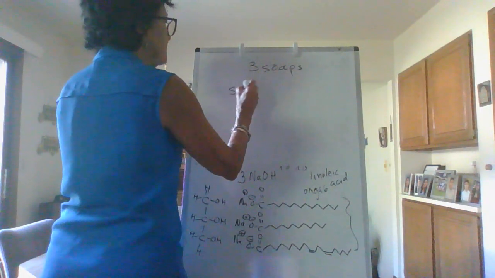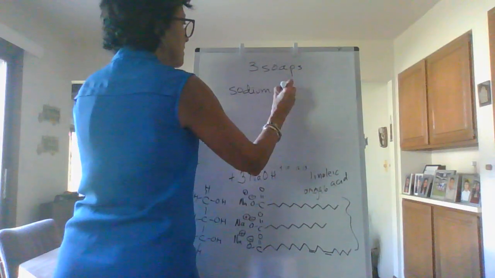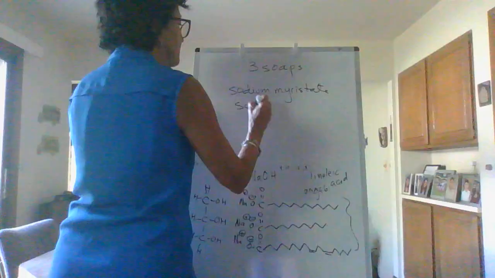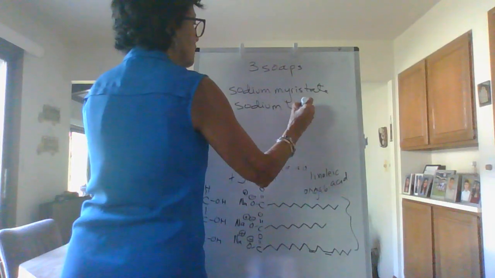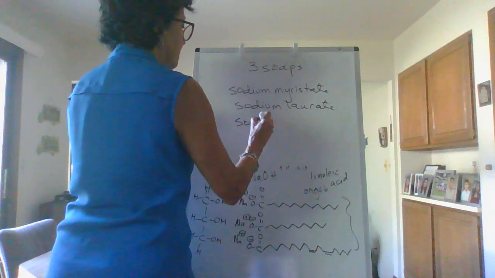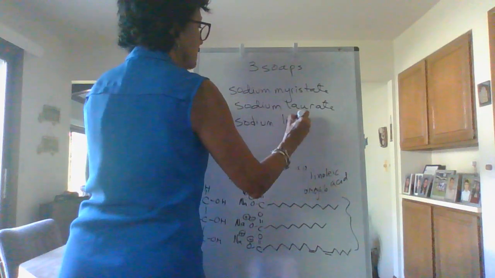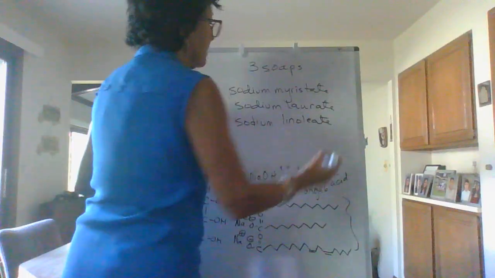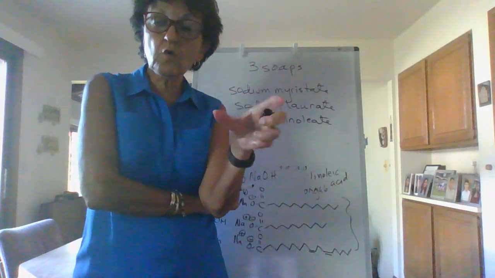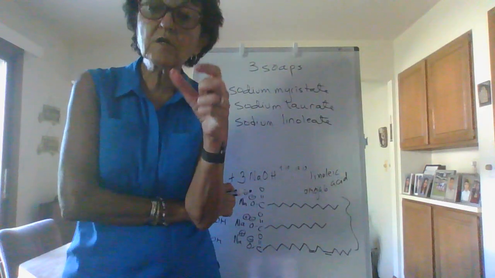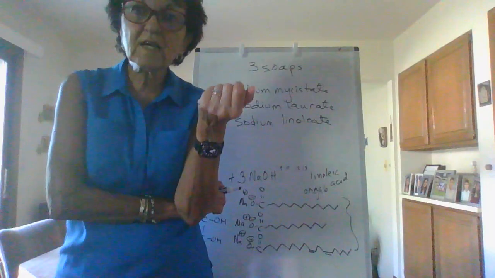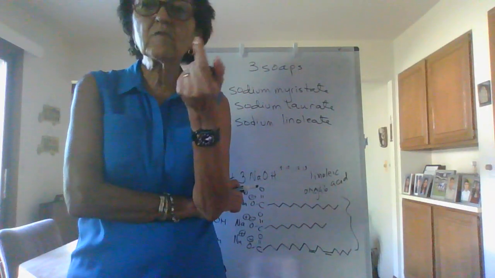Now we have sodium myristate and sodium laurate and sodium linoleate. And if you look at ingredients of soaps or detergents or shampoos, you might see sodium stearate or sodium palmitate. These are all names of soaps.